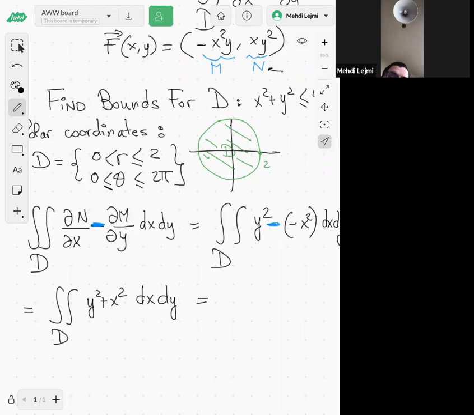Now I'm going to use polar coordinates, because that's the best way to describe D, since D is the interior of a circle. Whenever you have a circle, you can use polar coordinates. Let me remind you, x is r cosine theta and y is r sine theta. So y squared plus x squared is equal to r squared.